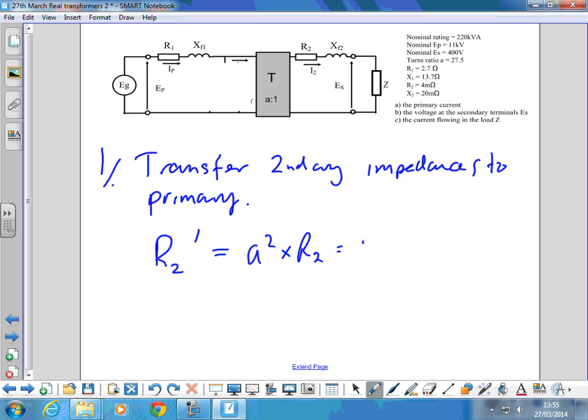So that's 27.5 squared times R2, 4 times 10 to the minus 3. What do you get? 3.02 ohms. Yep.